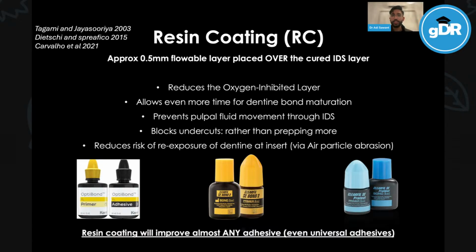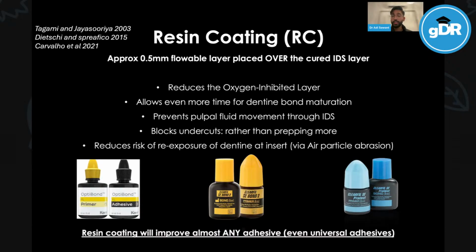And the other thing this resin coat helps with is that when you air particle abrade an insert, or when you're air particle abrading the tooth, it stops that re-exposure of dentine because the layer over the dentine is now thicker. I know I'm talking about these particular adhesives. The one on the right is actually not available in Australia, but it's even better than SE Bond. But this resin coating layer will improve almost any adhesive.